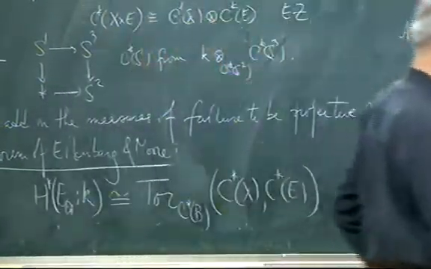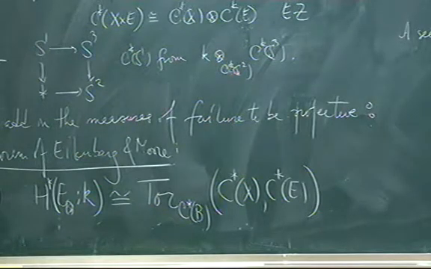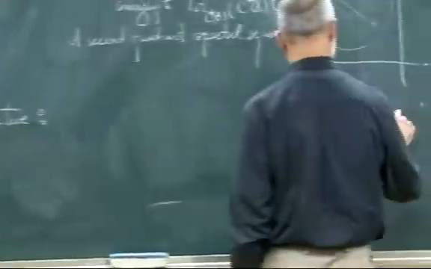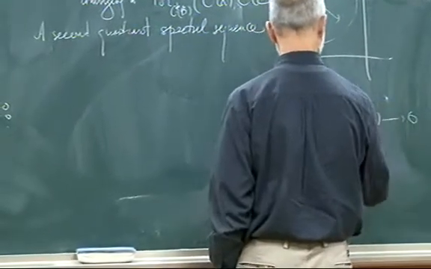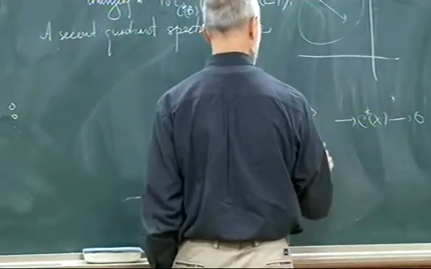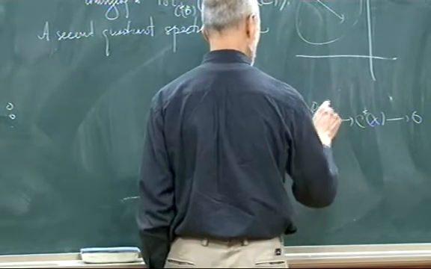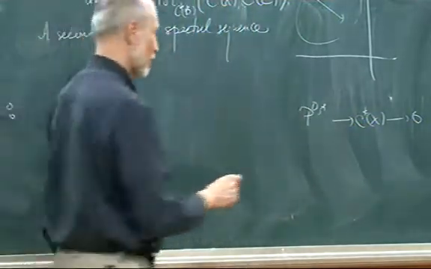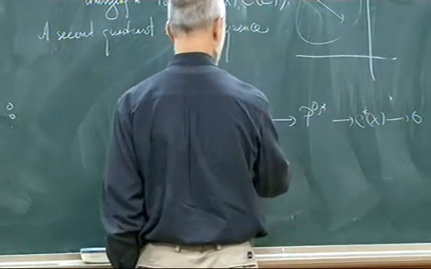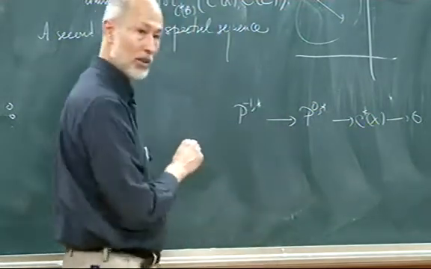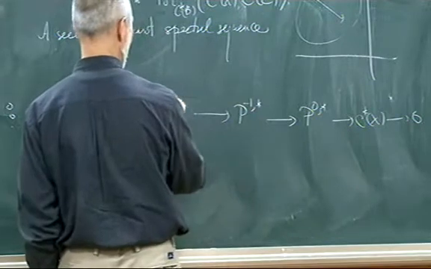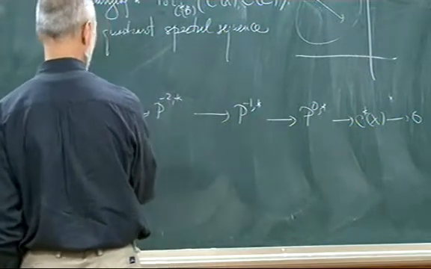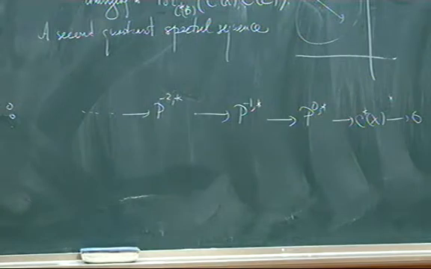When I resolve C star X here, the projective thing will be graded like this. You have to put a negative sign to make it into cochains. That's correct. That's exactly right. And that's exactly why I need it.